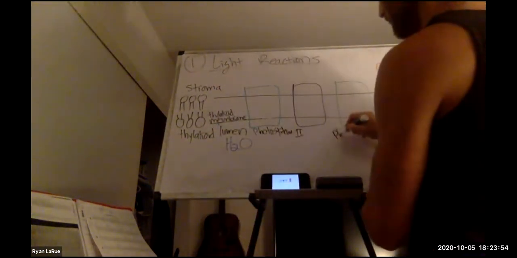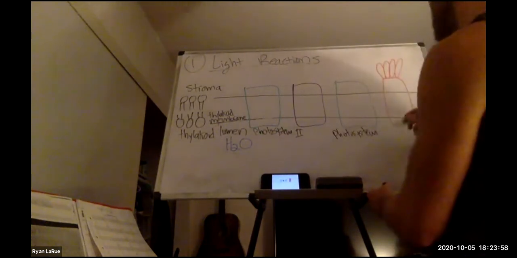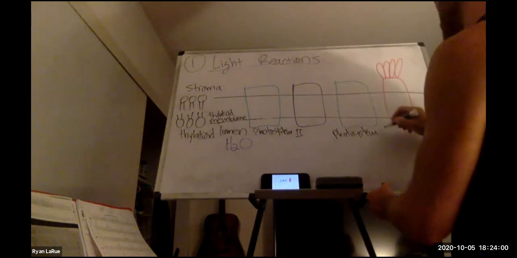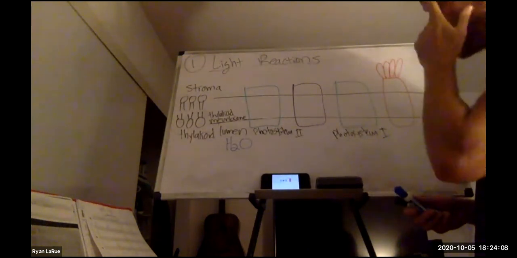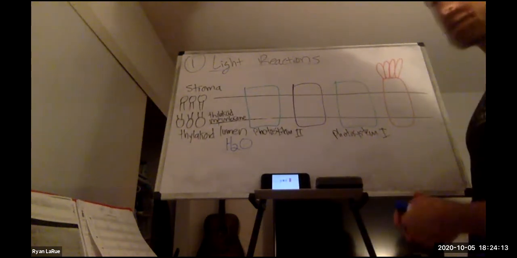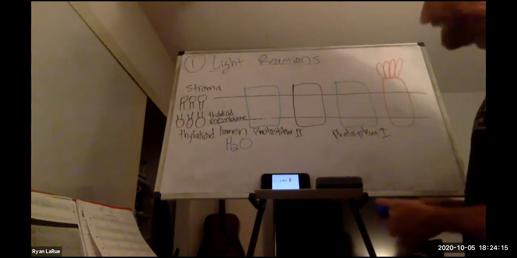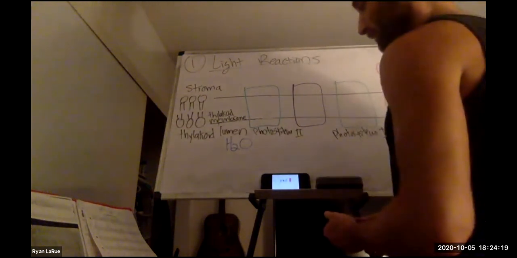This is photosystem 1. Why is it photosystem 2, you're asking, probably. Well, it was discovered second. So it's the second one, but it's the first one in our chain, and they haven't changed it. They're lazy scientists. Don't want to change all the textbooks, maybe, I don't know.